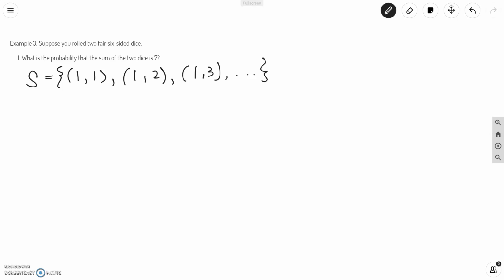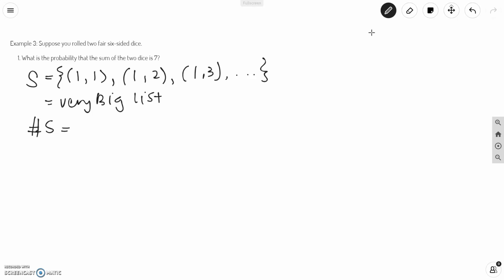And so instead of writing out the whole sample space, let's just determine how many outcomes would be in the sample space. A shortcut that I have for this would be the following. Here we're considering 2 dice, but for determining the number of outcomes in the sample space, we're going to look at a base to a power.